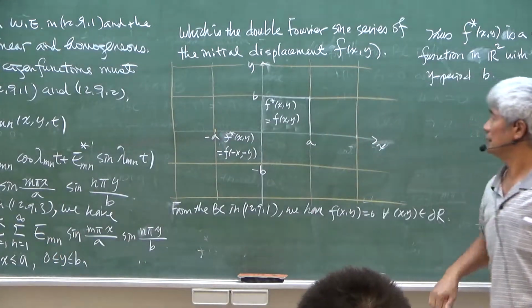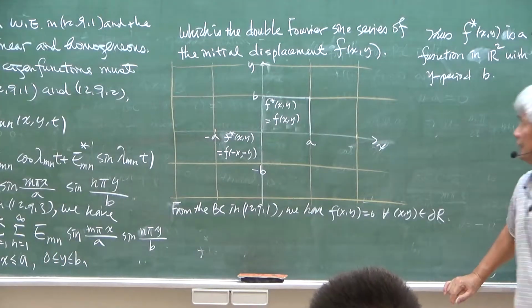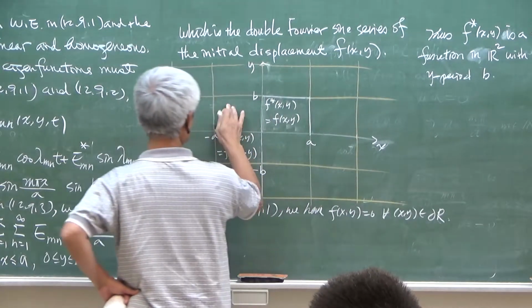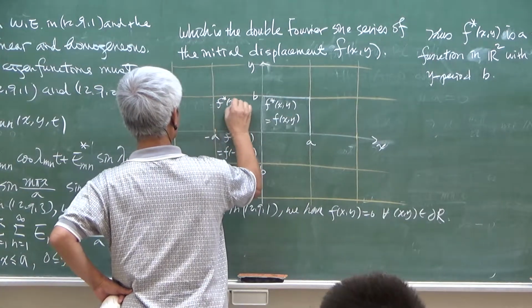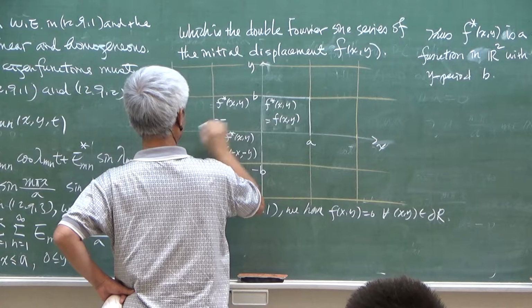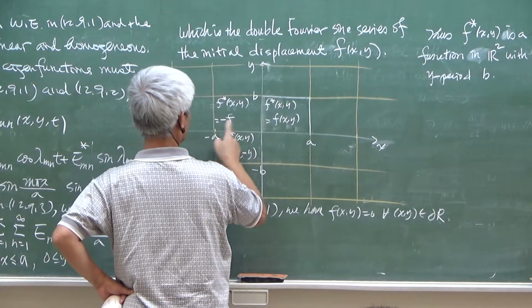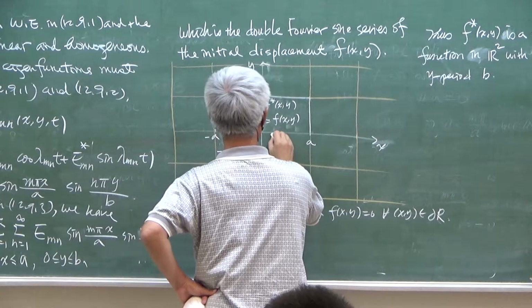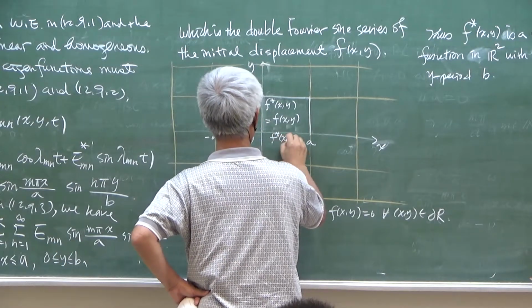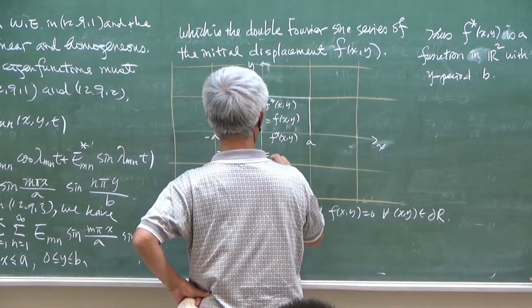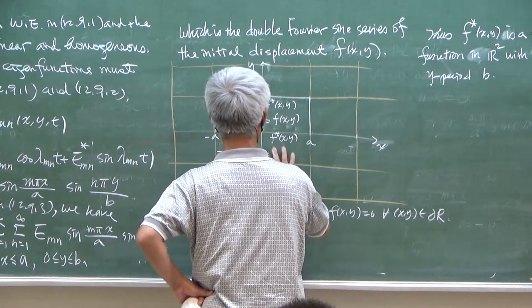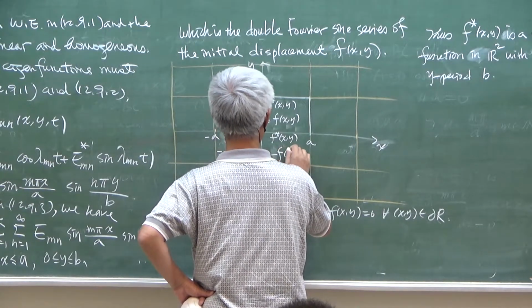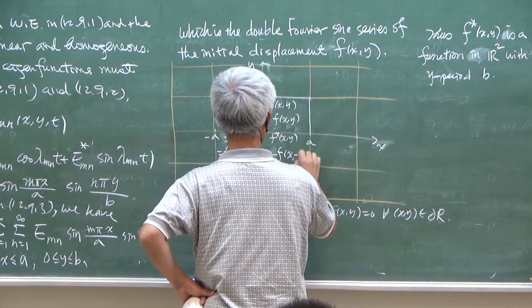And here f star of x y equals minus f of minus x, y, and f star of x y equals minus f of x, minus y.